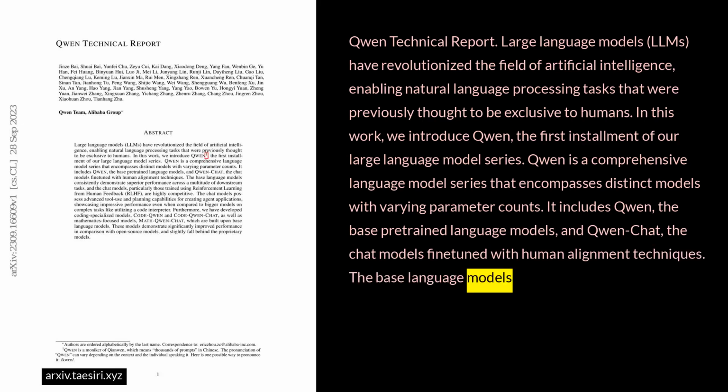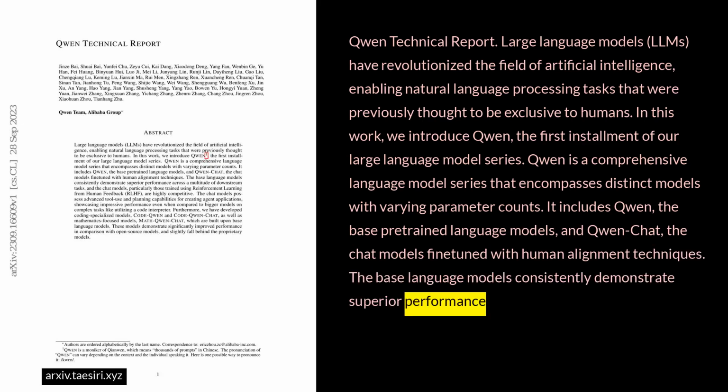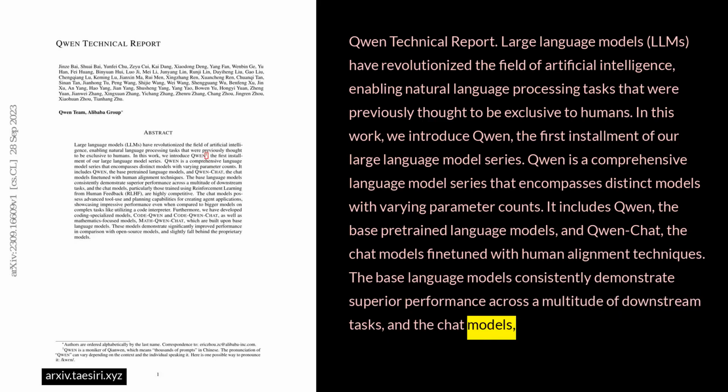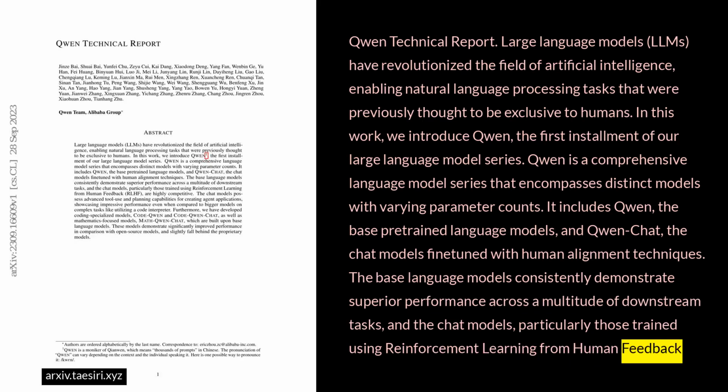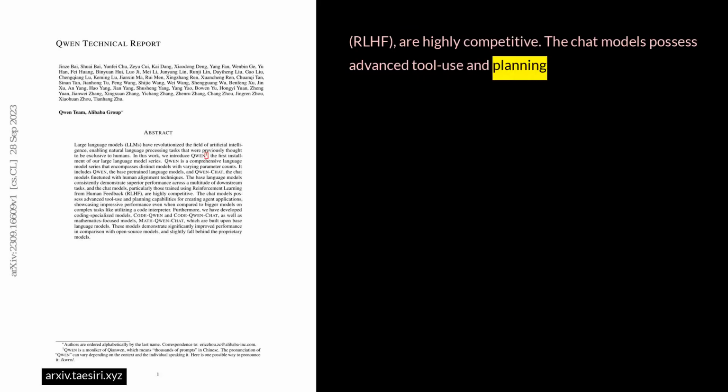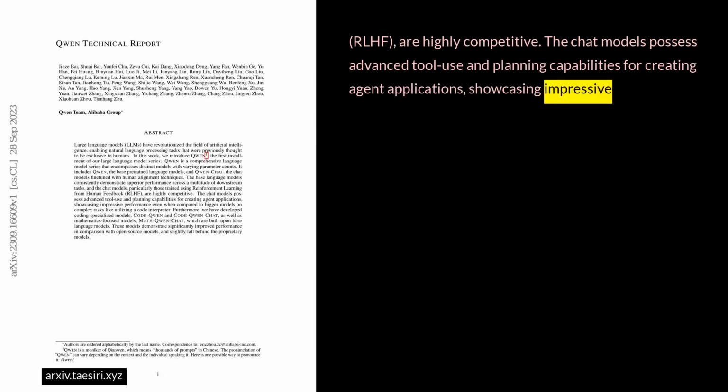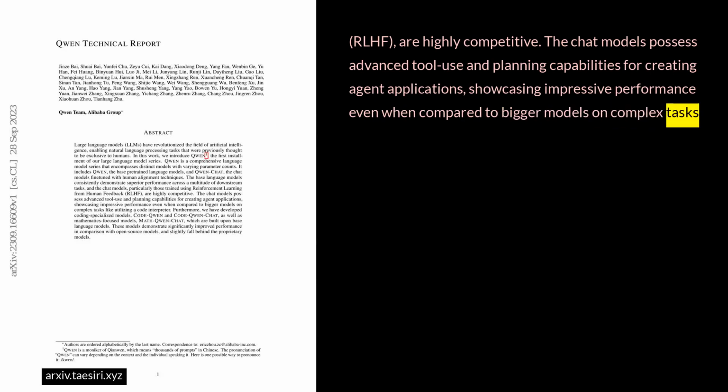The base language models consistently demonstrate superior performance across a multitude of downstream tasks, and the chat models, particularly those trained using reinforcement learning from human feedback, RLHF, are highly competitive. The chat models possess advanced tool use and planning capabilities for creating agent applications, showcasing impressive performance even when compared to bigger models on complex tasks like utilizing a code interpreter.